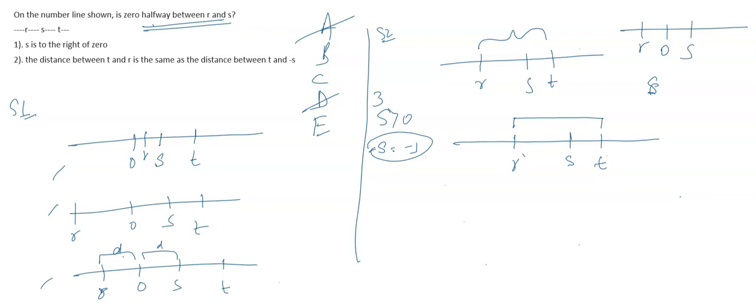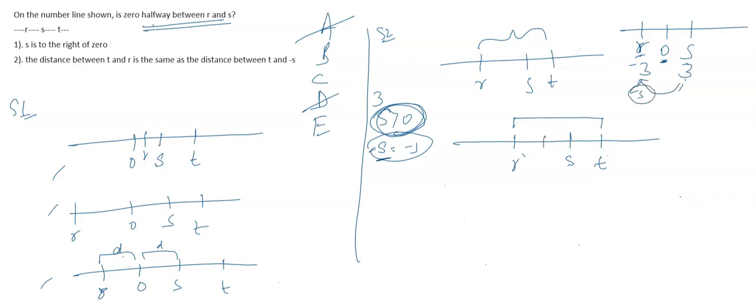Now, when they're equidistant, the magnitude of S is the same as R, right? So if this is 2, then this is minus 2. So if S is 3, then R will be minus 3. What I'm trying to say here is that if S is greater than 0, and if the origin is actually equidistant from R and S, then that means minus S will be the same as R. So minus S would be here only, right?